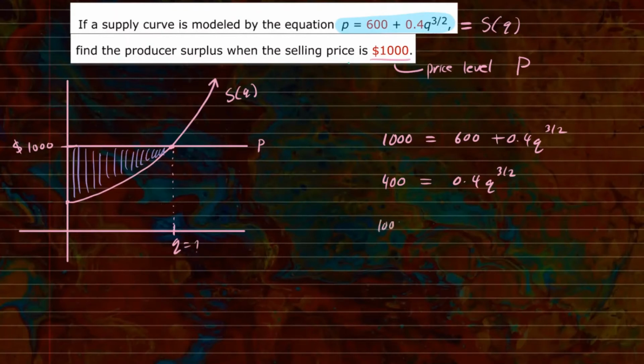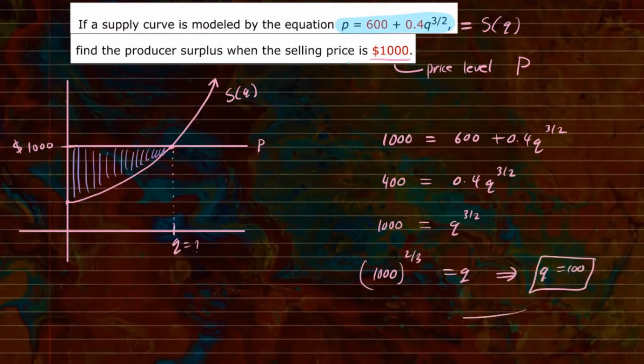You get 1,000 is equal to Q to the power 3/2. Then we raise both sides to the power 2/3. So you have 1,000 to the power 2 over 3 equals Q. That's going to give you 100. Q is 100, so we need to sell this many units to reach that level.